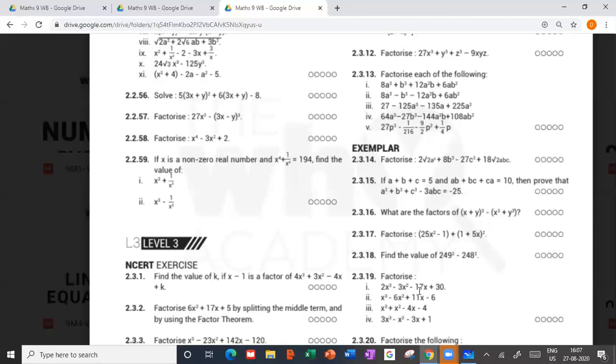Now, do we have to take something common like x plus y? Maybe you expand it and then you might get something common. Maybe. What happens if you expand it? Okay, just give me a second.